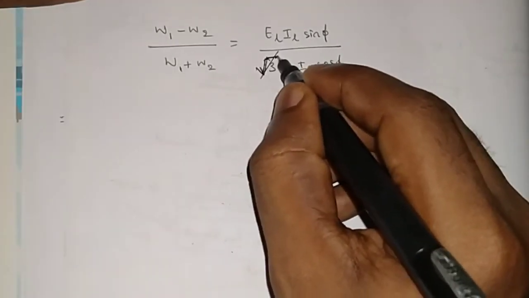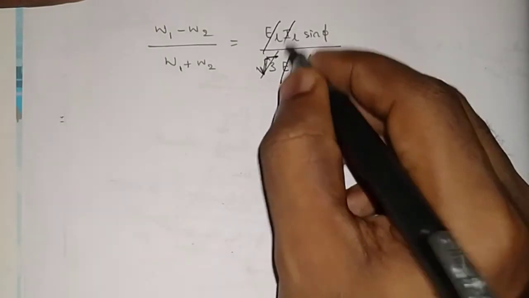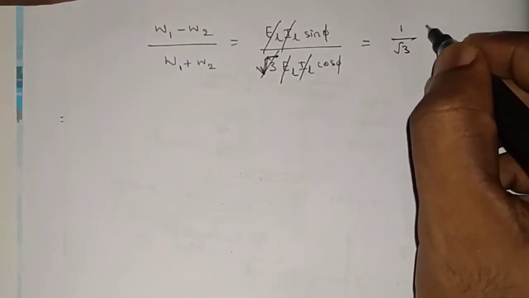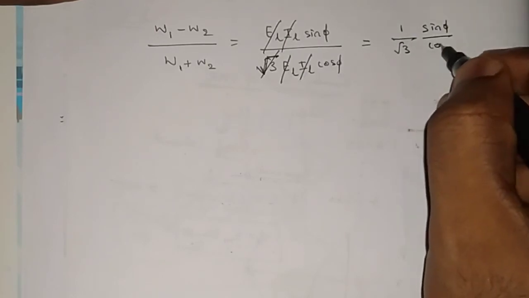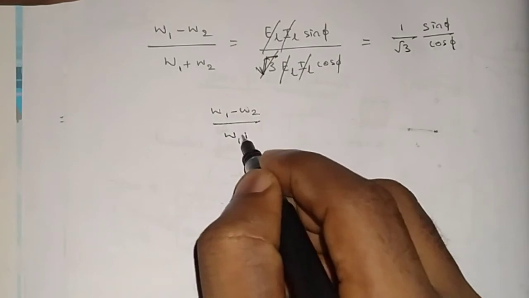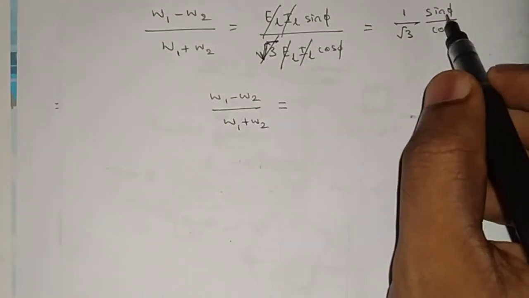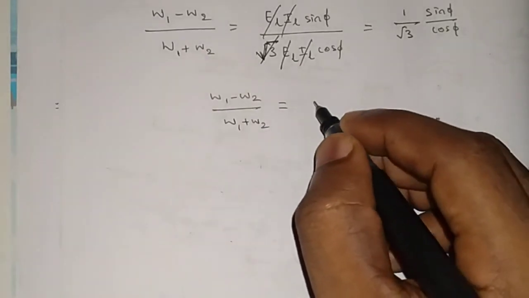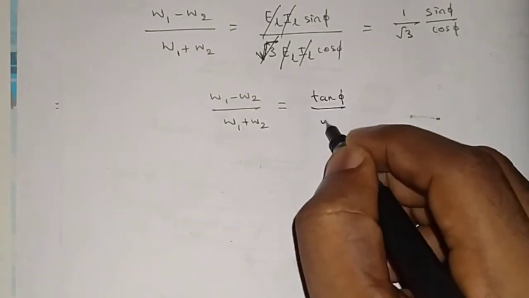So when you simplify this, root 3 remains, EL gets cancelled, IL gets cancelled. So you will get 1 divided by root 3, sin phi divided by cos phi. So W1 minus W2 divided by W1 plus W2 is equal to sin phi divided by cos phi. You know sin phi divided by cos phi is nothing but tan phi. So tan phi divided by root 3.